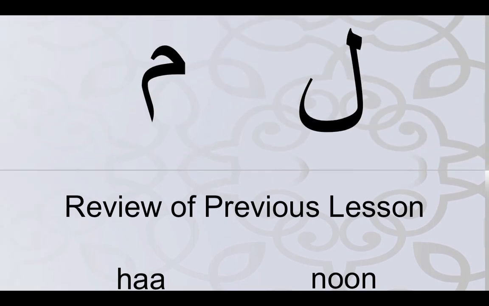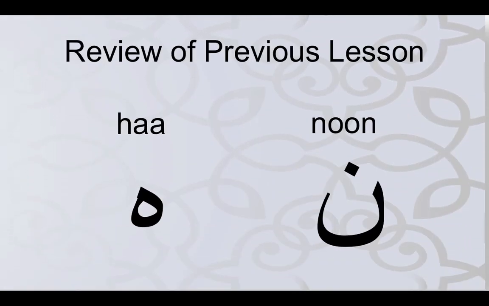It is identical to the sound of the letter N in the English language: Nancy, knee, nose, Nick, all these words starting with the letter N. It is a consonant and a tongue letter.